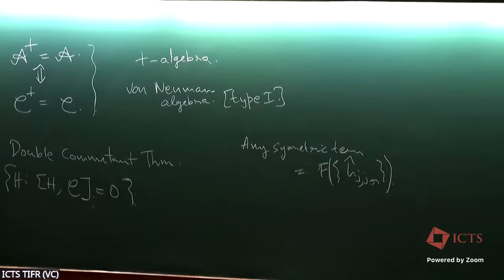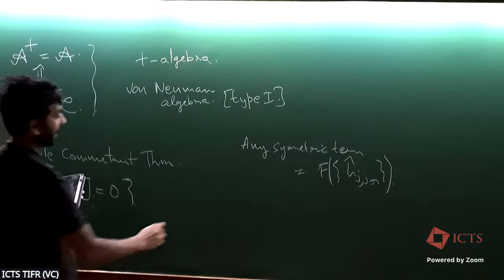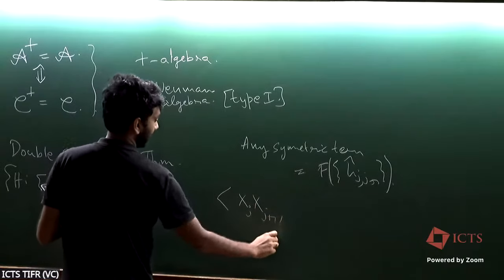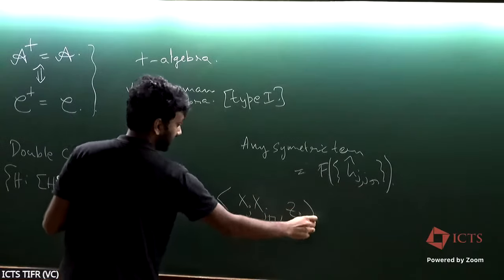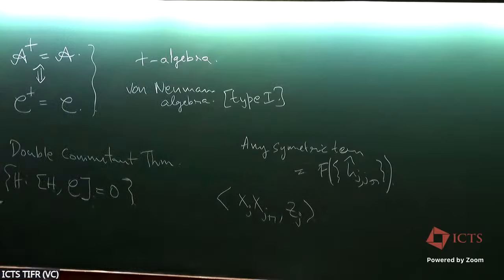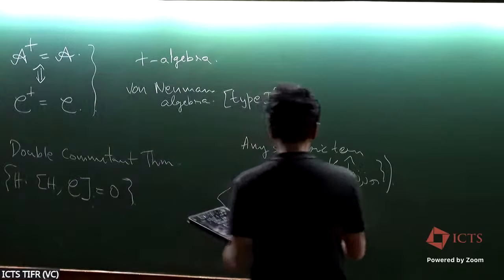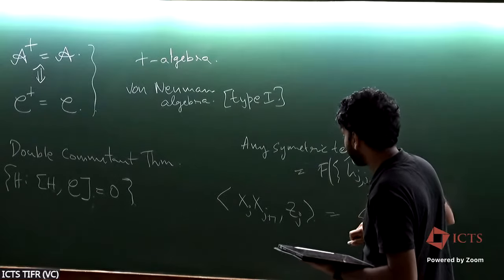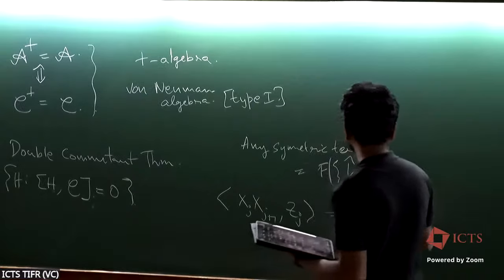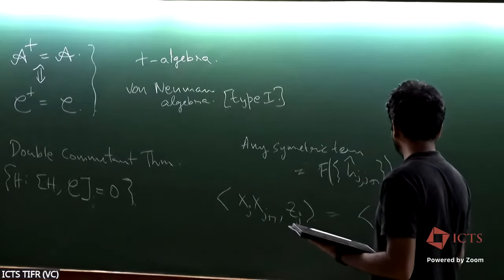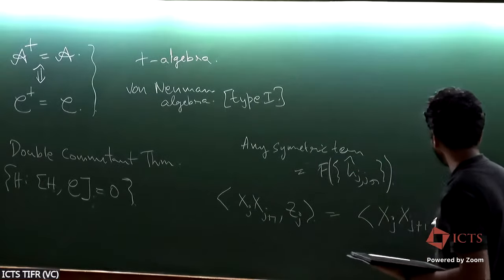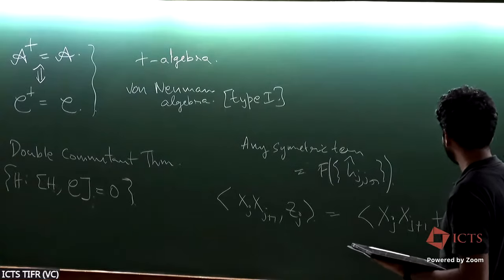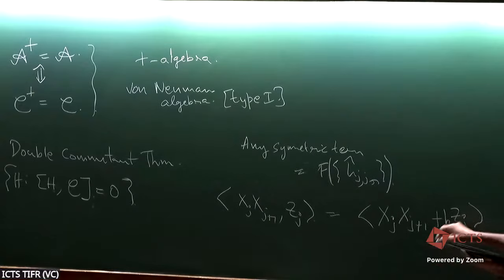For example, if I have an algebra generated by XX and Z, I'm struggling to think of a simple example, but it turns out that this is the same algebra as this.